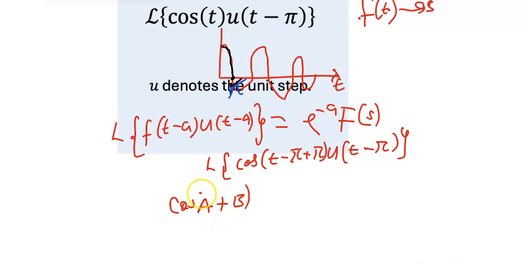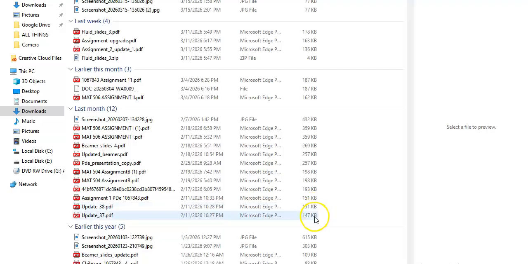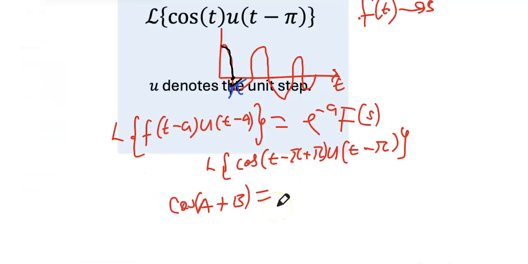From basic trigonometry identity states that if you have this function, it simply means we have two functions. So cosine of a plus b is nothing but cosine of a, cosine of b, minus sine of a, sine of b.